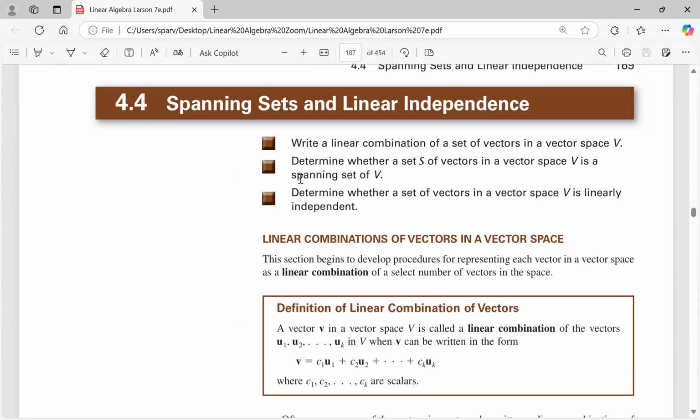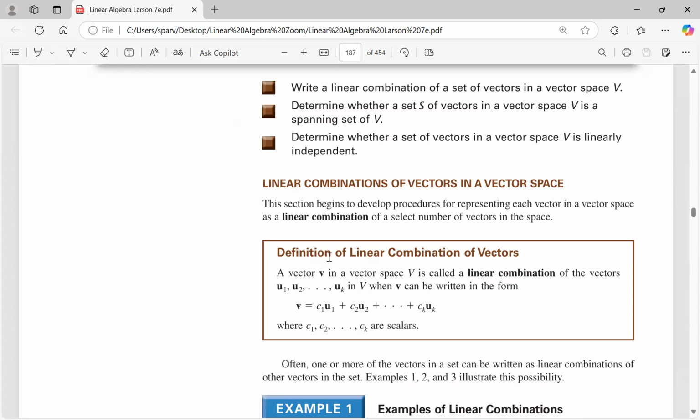So first, what do we mean by linear combination of vectors? It's simply what you see here. Let's say we have a vector V in the vector space V, remember, the parent vector space. Then this vector is a linear combination of other vectors, U1, U2, up to UK.